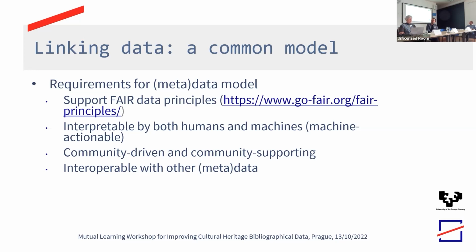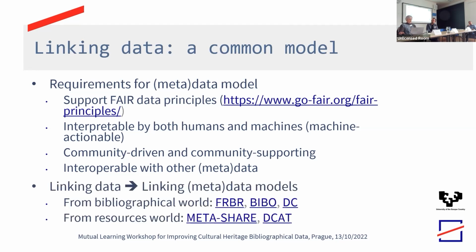We want them to be community-driven and community-supporting, otherwise they will not be adopted. If you don't speak the language, the vocabulary that each community speaks, they will not use it. And of course, we want it to be interoperable with other data models and data in catalogs. In order to link the data, we need to link the data models.